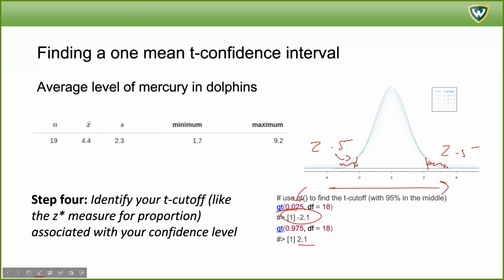The total area here is 2.5%, and the total area here is 2.5%, but here we are at 97.5%, which makes sense. So this area here should be 2.5%, and we have 100%. So that's the step where we find the cutoff points, negative 2.1 and 2.1.